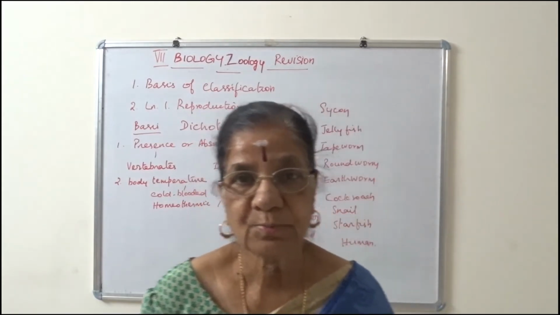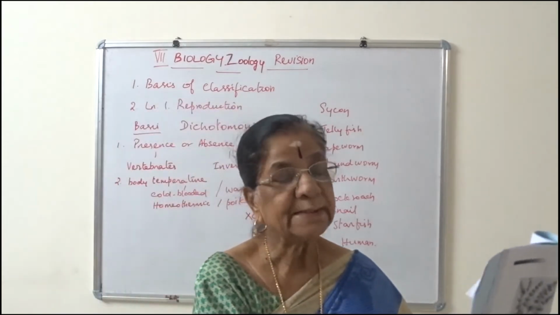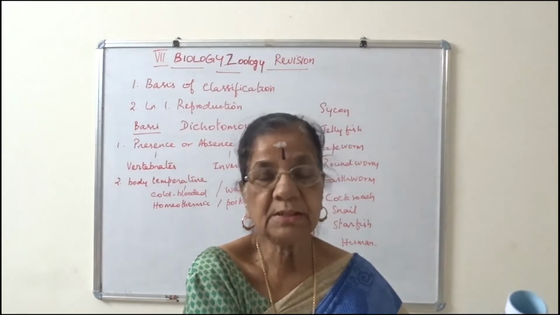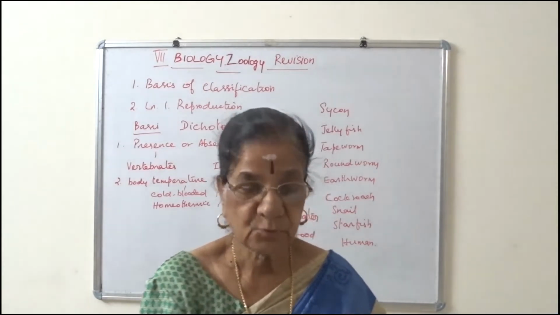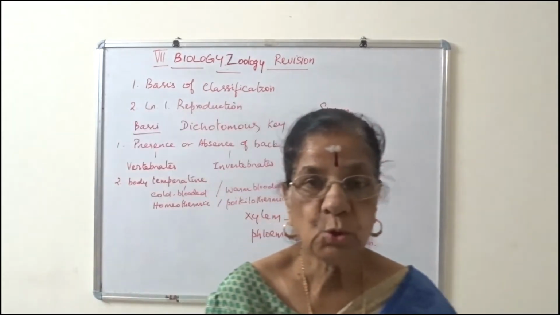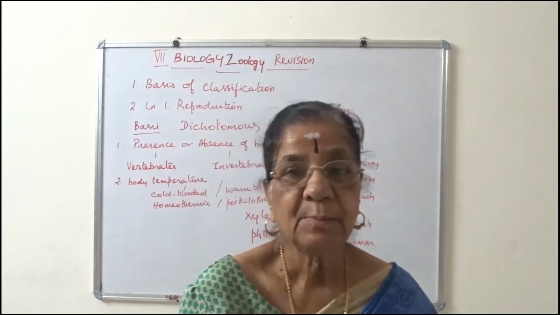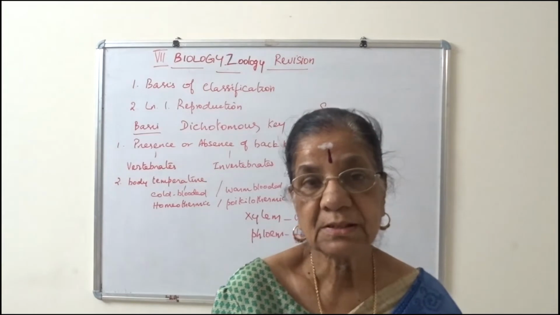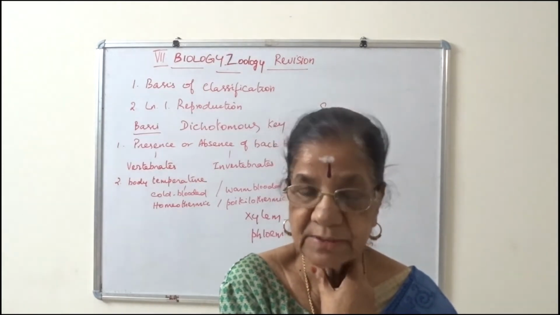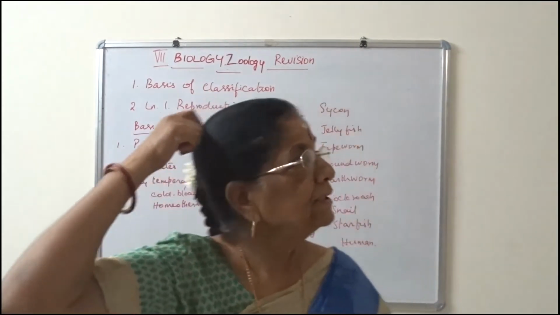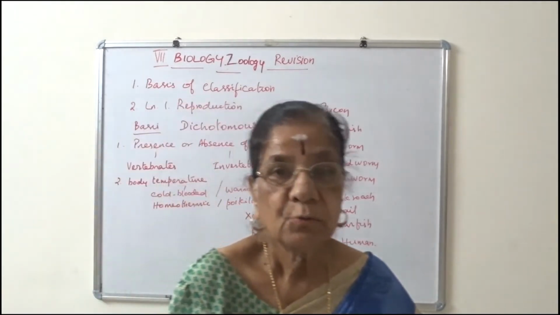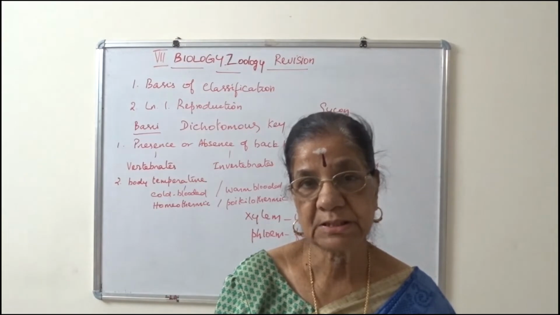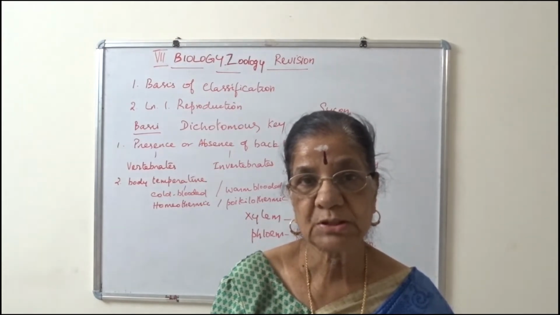I hope you follow. And then the 5 kingdoms. It is R.H. Whittaker who classified. What we have been seeing so far is the old method of classifying plants and animals. Now the scientist R.H. Whittaker classified organisms into 5 kingdoms, that is called 5 kingdom classification. I hope you follow this.